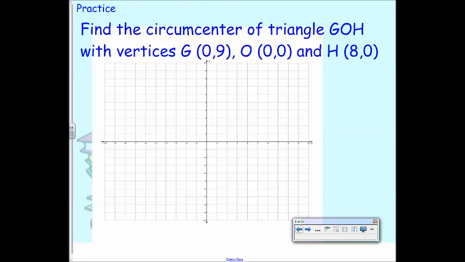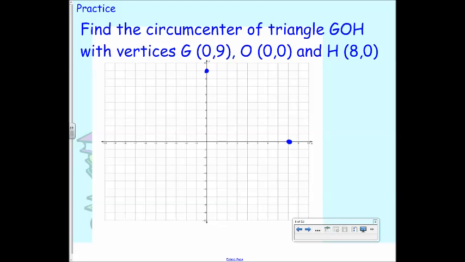Okay, can anybody walk me through, is there an even shorter way to do this? Because if I plot this 0, 9, is that right? No, 8. 0, 8. So 8, 0, and then 0, 9. When I plot that, I know my circumcenter is going to be somewhere around here.